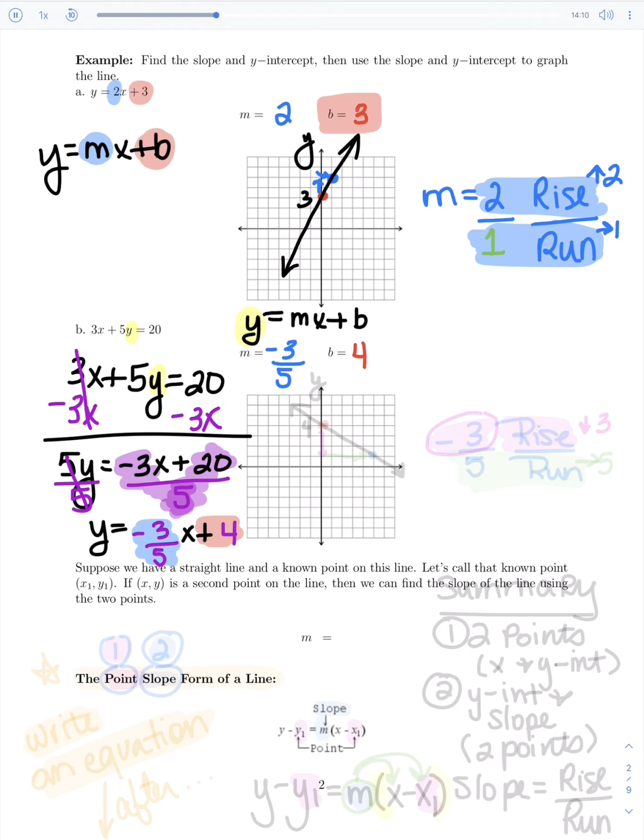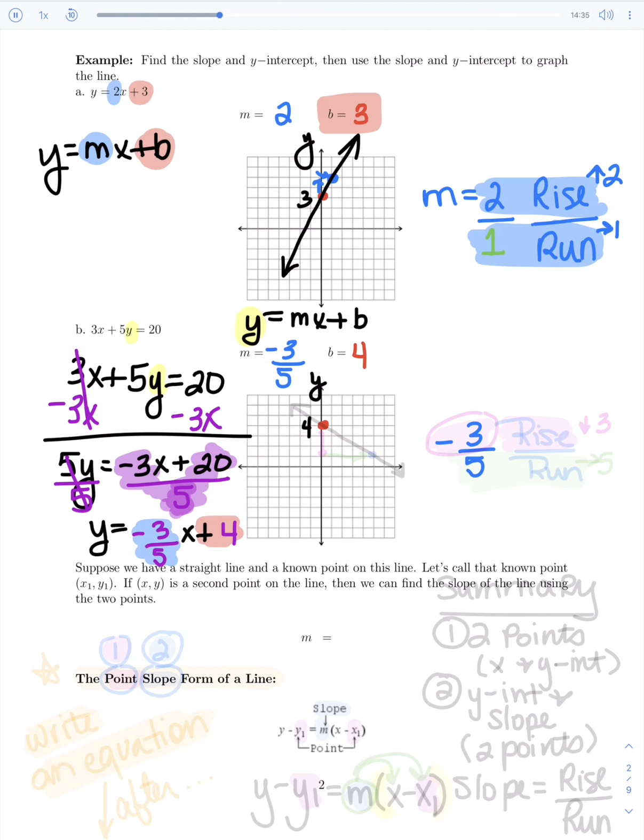So which one do we start with, though? We always start with where we're going to intersect the y-axis, which is going to be at 1, 2, 3, 4 on the y-axis. I'm going to go ahead and label that as the number 4. And then I can use my slope, which is -3/5.